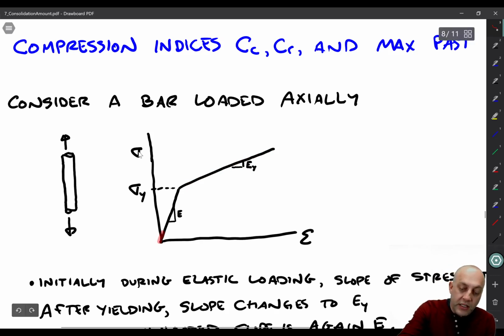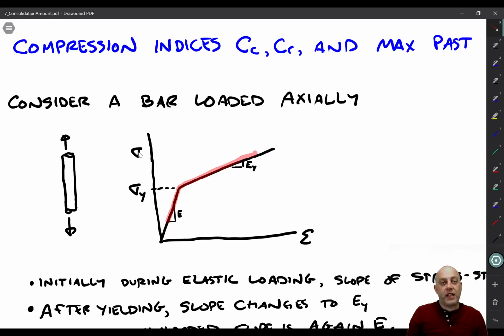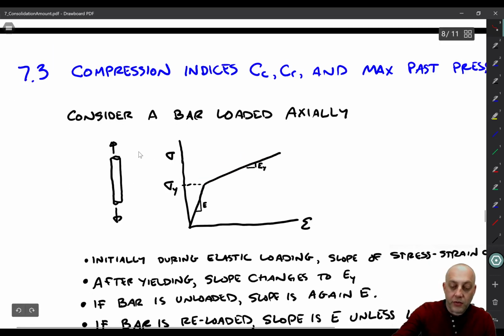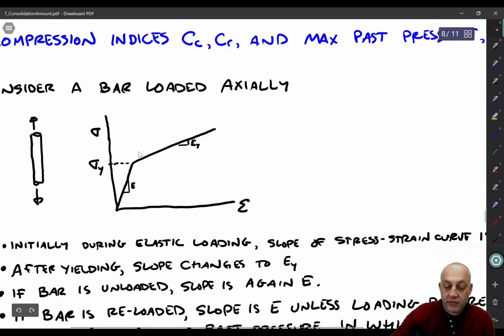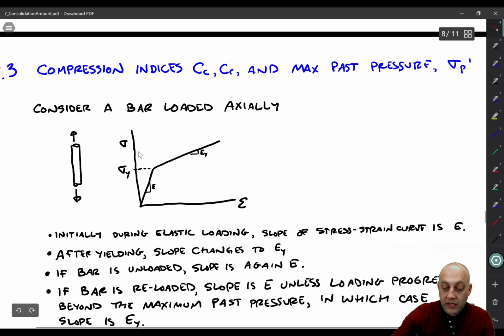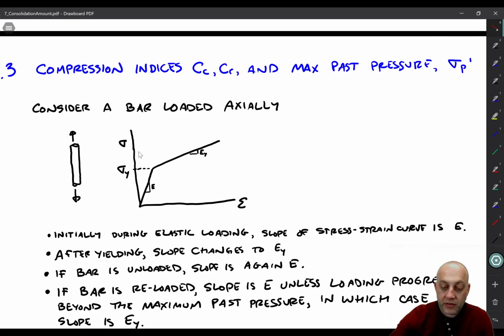We're going along E, then all of a sudden, boom, we hit the yield point, and now the slope is E sub Y. It's like a yield slope or elastoplastic slope. So let's look at these first two bullet points. Initially during loading, the slope is E. Once we reach the yield point, the slope becomes E sub Y.